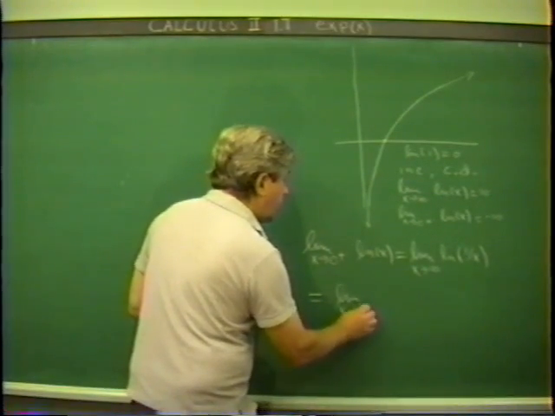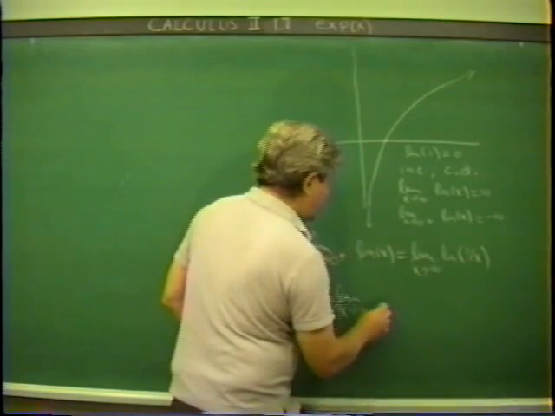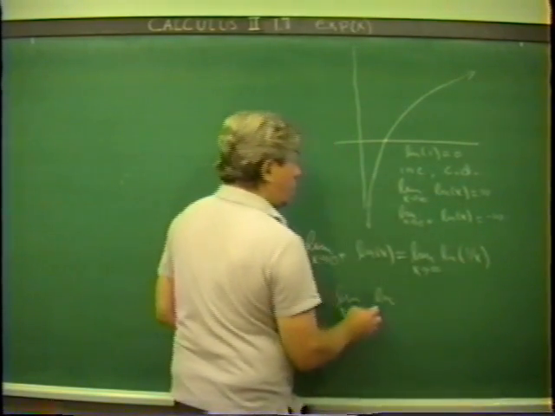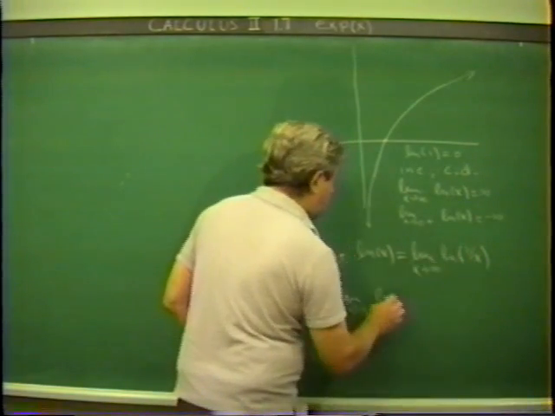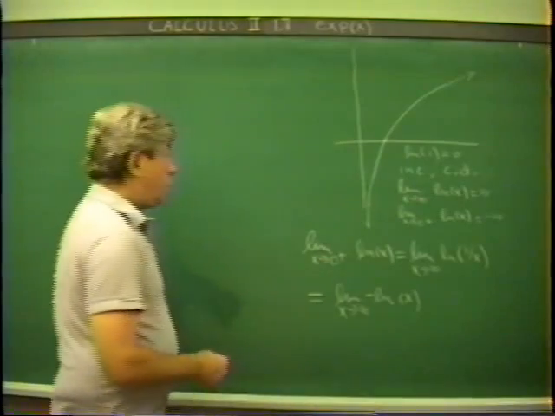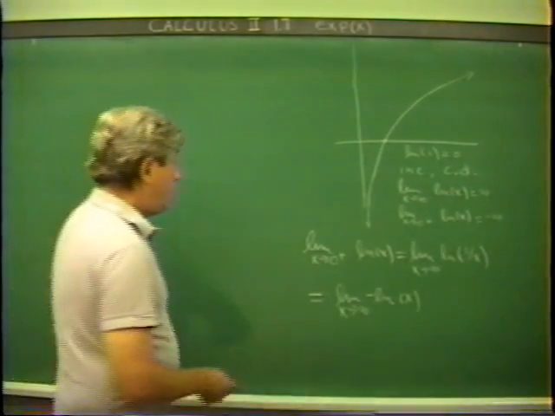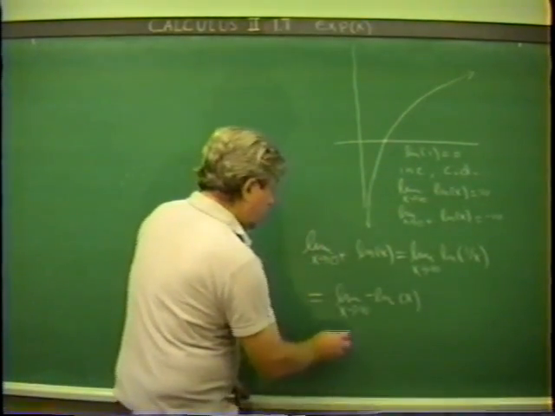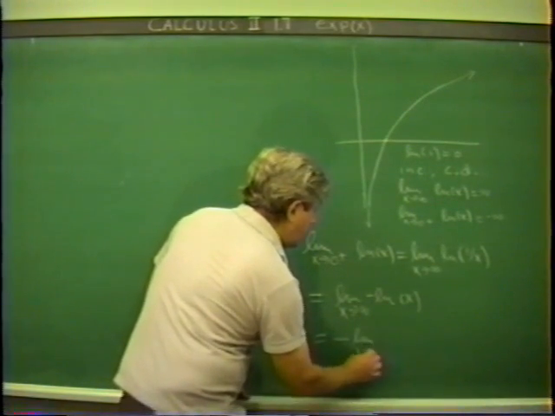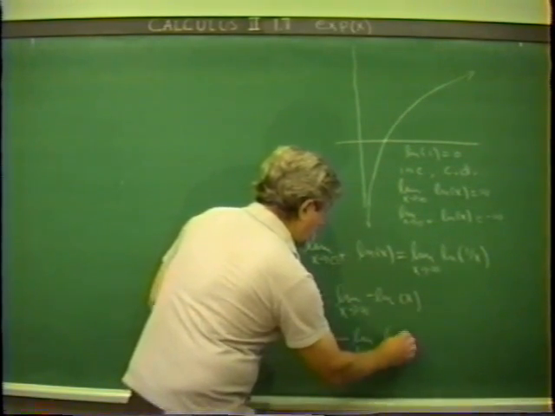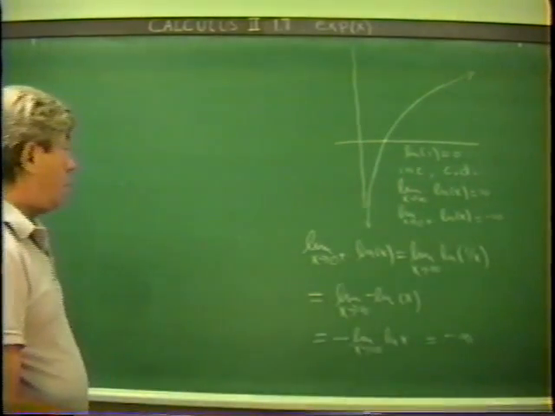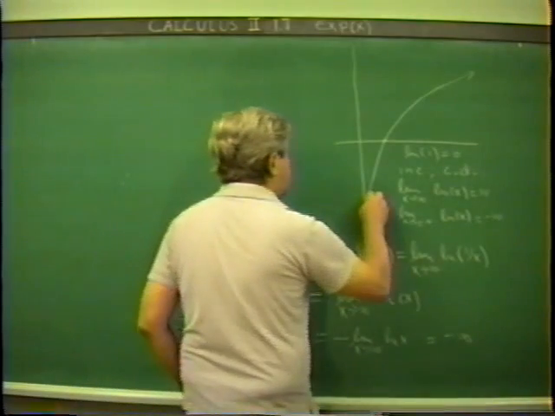But now, from the rules of logarithms, this is the logarithm of 1, which is 0, minus the logarithm of x. And now this is going to be equal to what? Minus the limit as x approaches infinity of log x, or minus infinity.